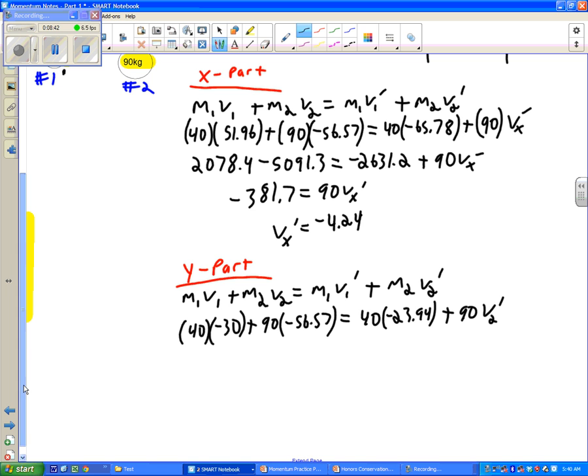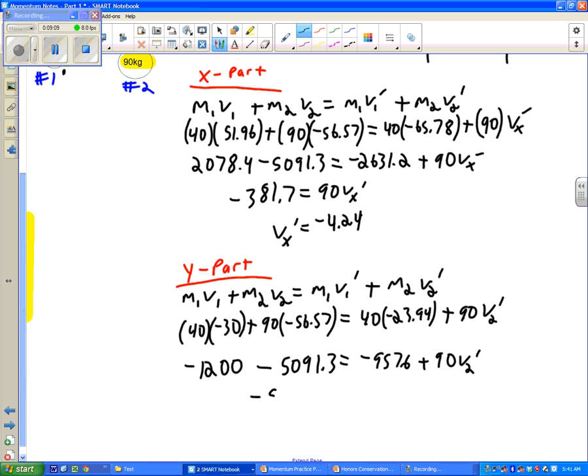All right. Pull up the calculator, crunch it out. I get negative 1200 minus 5091.3 equals negative 957.6 plus 90v2 prime. I'm going to subtract and then add, combine all those numbers.